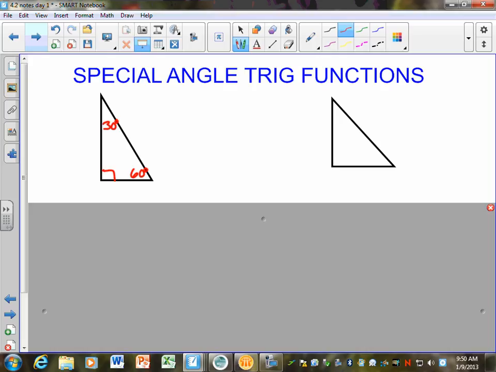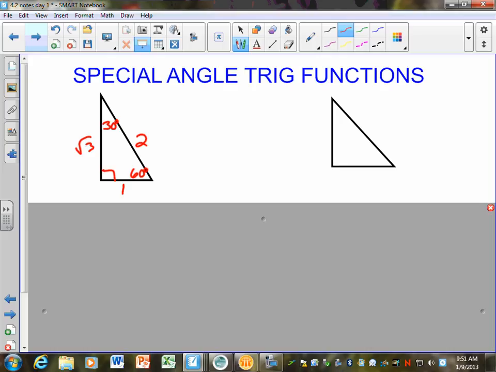And in a lovely 30, 60, 90 triangle, there's a ratio that always works out nicely, and that is if the smallest side is 1, the hypotenuse is always double that, so that's 2, which makes this side, if you do the Pythagorean theorem, the square root of 3. 1, 2, square root of 3. And if you know that, then you can list all the trig functions from that, right? So 30, 60, 90, 1, 2, square root of 3 are some ratios that we should probably learn.